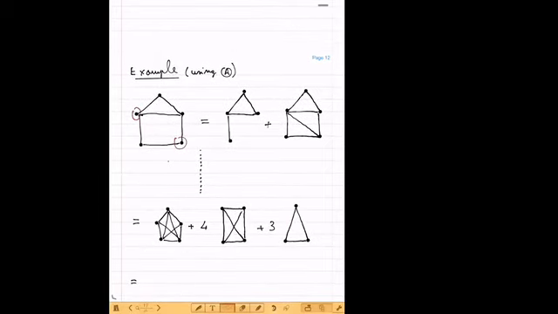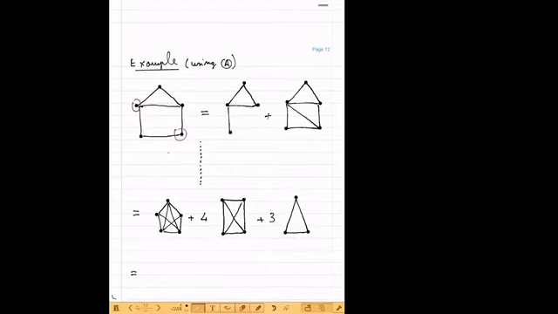So the number of colorings of the graph on the left equals the number of colorings of this linear combination of complete graphs. This is the whole point. Those are complete graphs, and I know what the formula for complete graphs is.